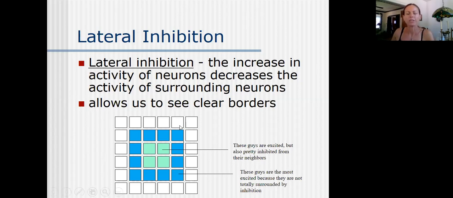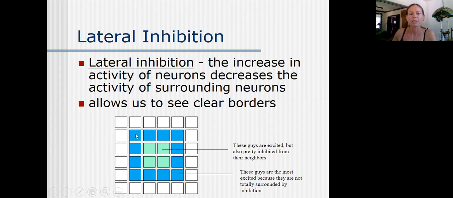So if you think of each one of these squares as a receptive field for a particular neuron, what you'll see here is that light is shining on these areas that are blue or green. So all of those areas light is shining on. Now what's going to happen is when light shines on an area like that, it will tend to inhibit the neurons surrounding it.